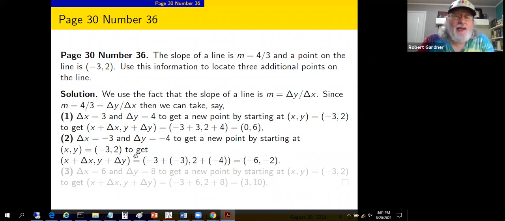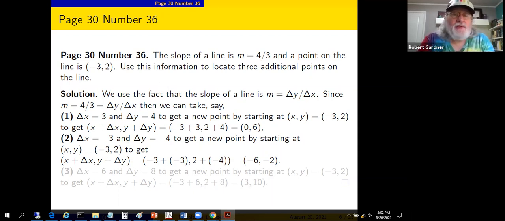We could start at this point, -3, 2, and rise -4, actually go down 4, and run -3, actually go back 3. Down and back is how we'd approach this if we were to draw a graph and relate it to that, as we did above.